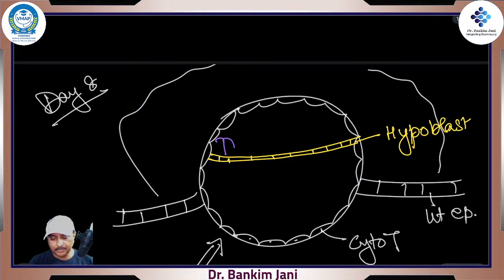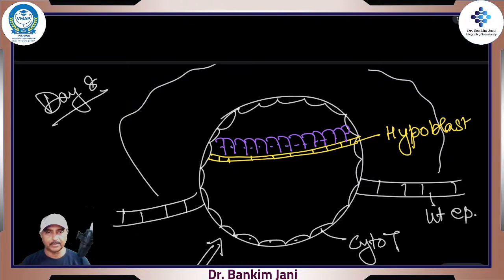Now see, these will be the columnar cells. And then there would be development of one cavity. The cells which are over here are now called the amnioblast.